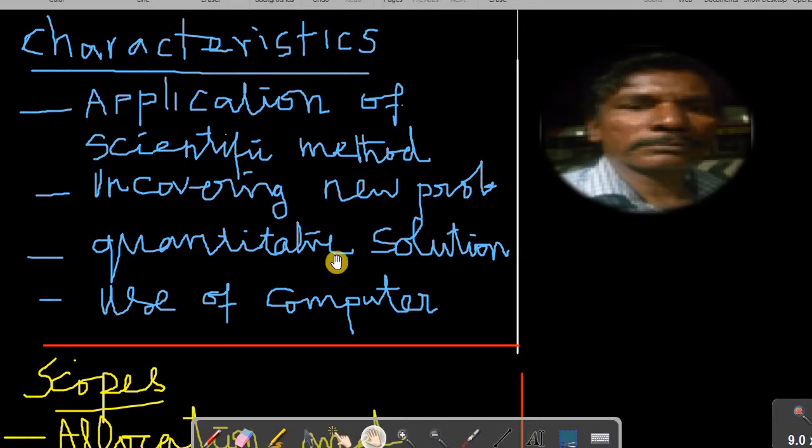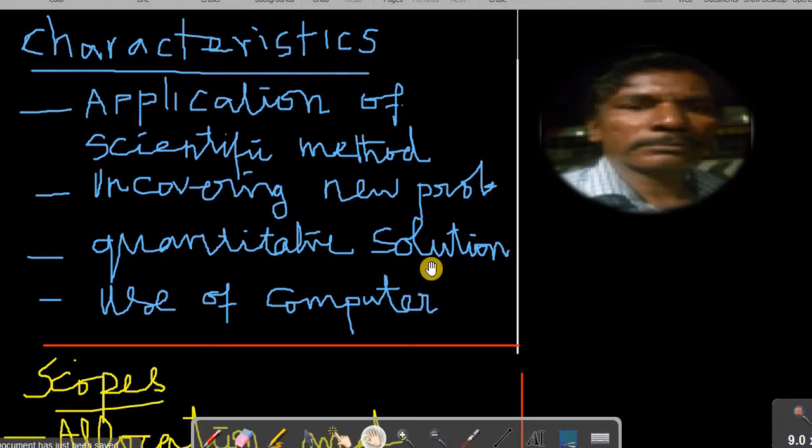The third one is the quantitative solution. This gives us a quantitative solution rather than a qualitative solution. Quantitative solutions are very important because they are more effective than quality, which doesn't have a definite quantity.